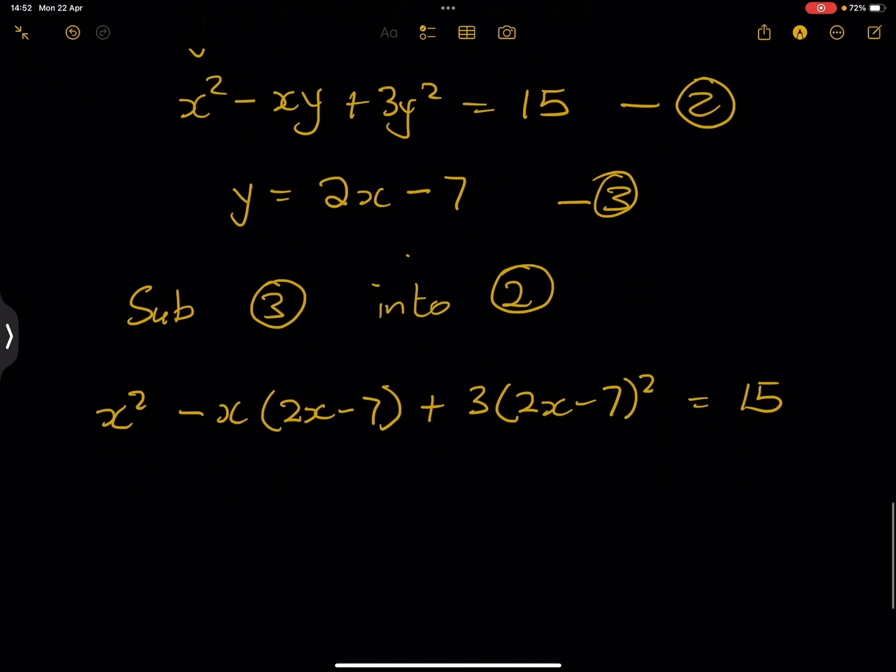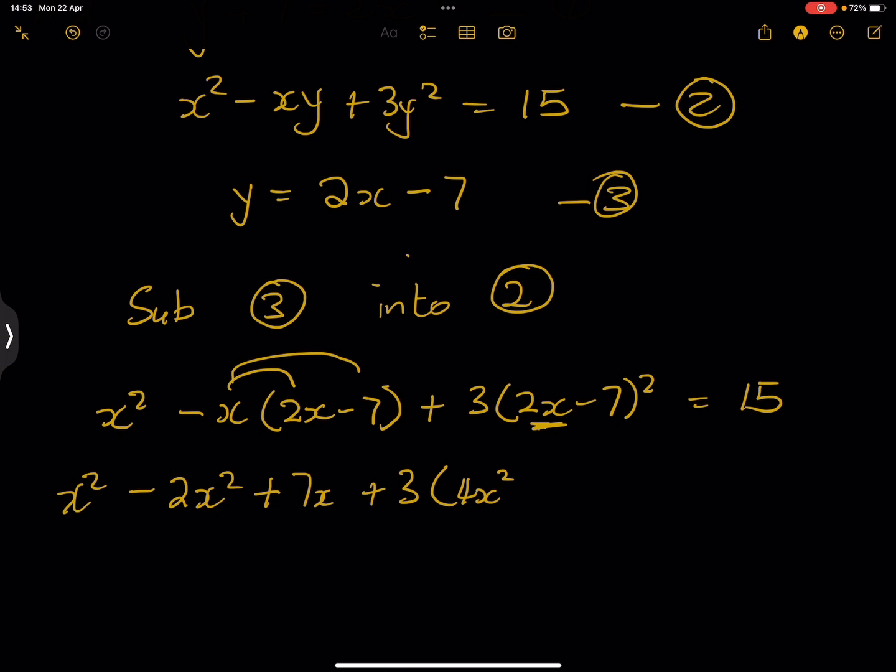All right, now let's try and simplify. So this is going to be x squared minus x times negative x times 2x will be minus 2x squared. Negative x times negative 7, that's positive 7x. Plus, this is 3 into, now remember when you've got a bracket that is squared, we are going to square this guy. 2x all squared gives me 4x squared.